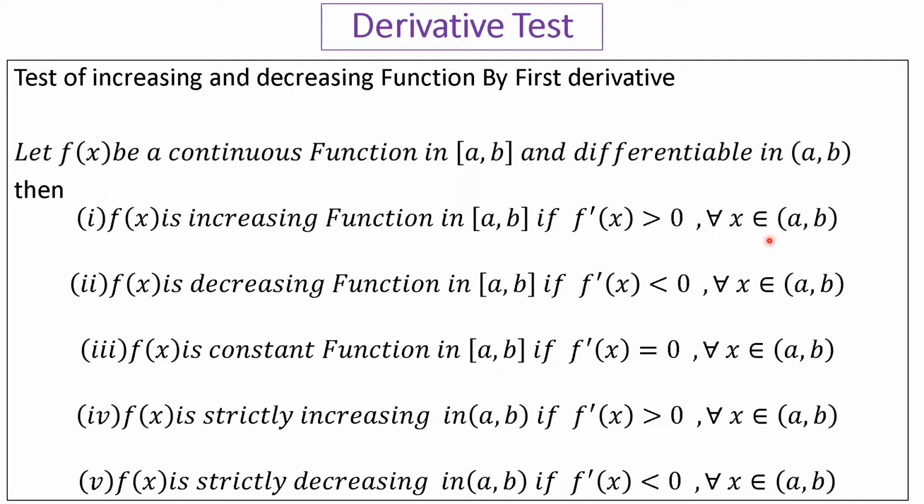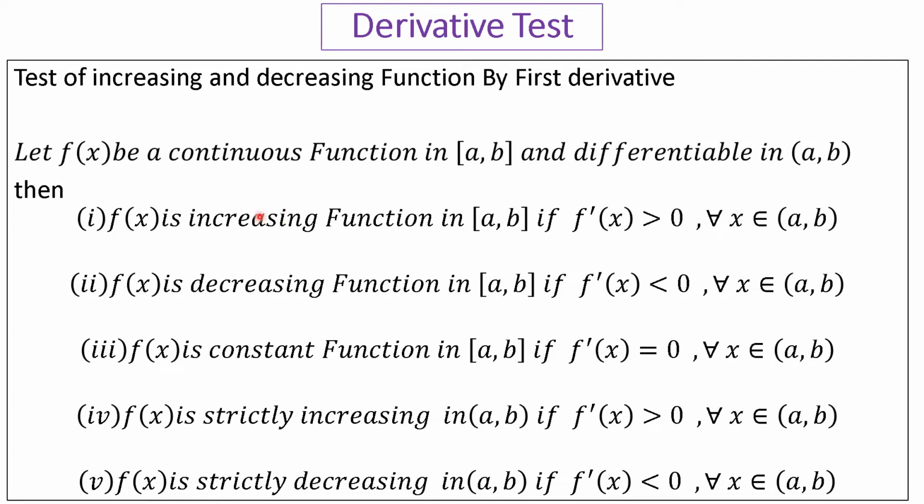If f dash of x is greater than 0 at each point in the open interval (a, b), then f is increasing on the open interval (a, b). Recall that the first derivative f dash of x gives us the slope of the tangent line to the graph of the function at the point x, isn't it? If f dash of x is greater than 0, it means the slope of the tangent line must be positive.